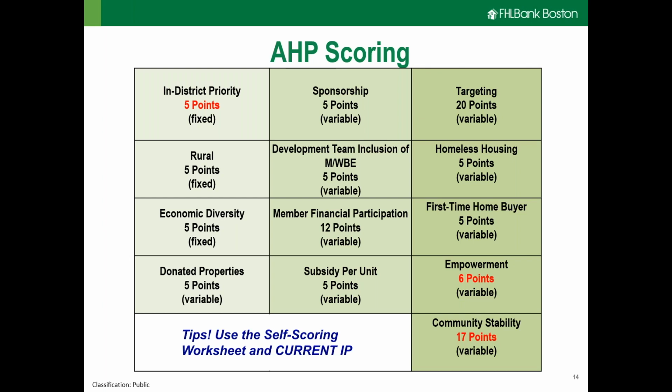So just be aware of that. Same thing with empowerment, stability, member financial participation, anything like that. We will be constantly referencing your scoring. It becomes part of your agreement with us should you be awarded. So again, be honest with your project, be realistic, and don't overpromise us something that you can't deliver on.